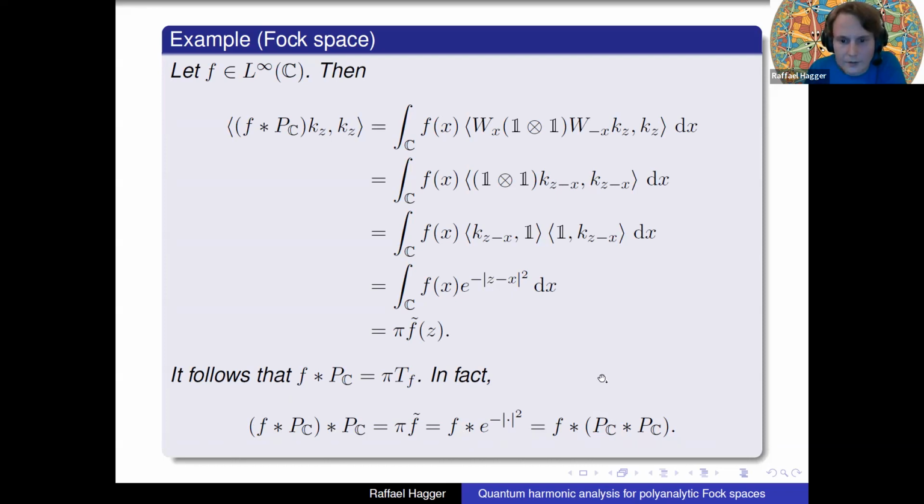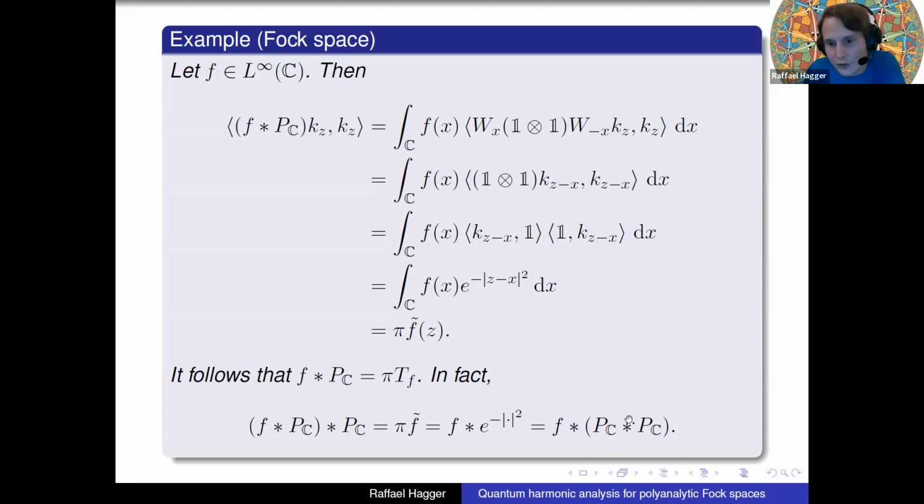And this actually works much more generally. So in fact, we have associativity with this convolution, which is of course nice because you have this with convolutions of functions. But what's remarkable here is that these stars are actually not always the same operation. I always put a star for convolution, but it's not always the same operation. On the left, we first do a function-operator convolution that gives you an operator, and then an operator convolution.